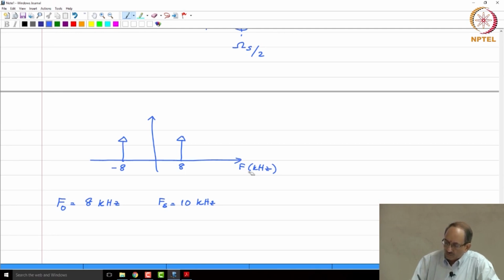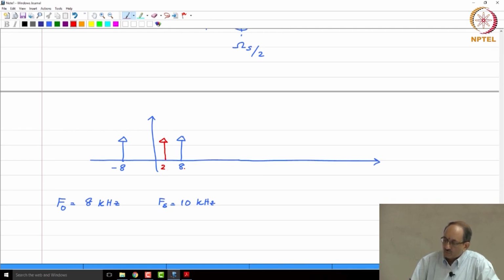Therefore, what will happen is, if I now look at periodic repetition, minus 8 will occur at minus 8 plus 10, right. Therefore, minus 8 will now occur at 2, because minus 8 plus 10 is 2.